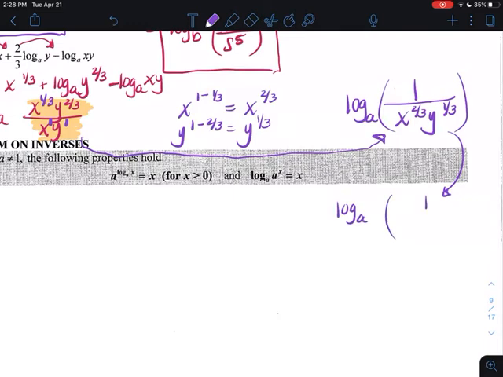This is log base a, 1 over. They both have a 3, so that's cube root. The x has an exponent of 2, and the y has the exponent of 1. So they will go underneath the radical symbol like that. All right, so either this is your answer, leaving it with rational exponents, or you can write it in radical form.